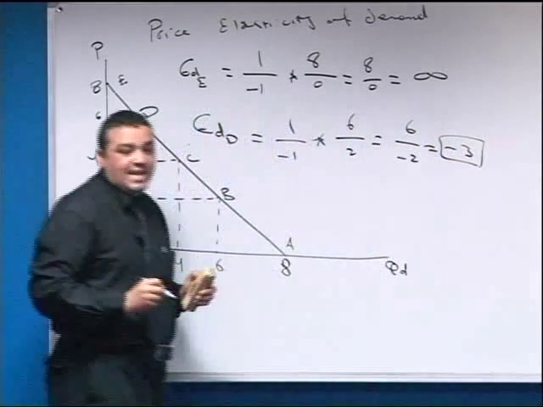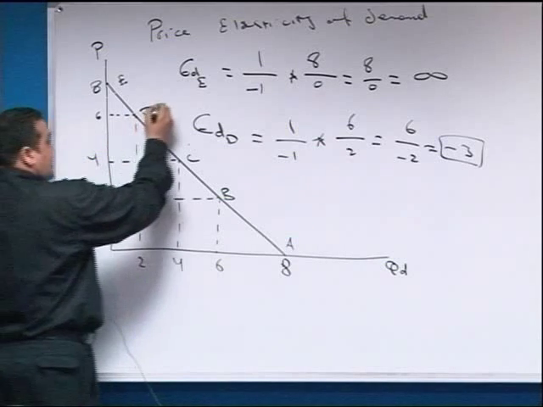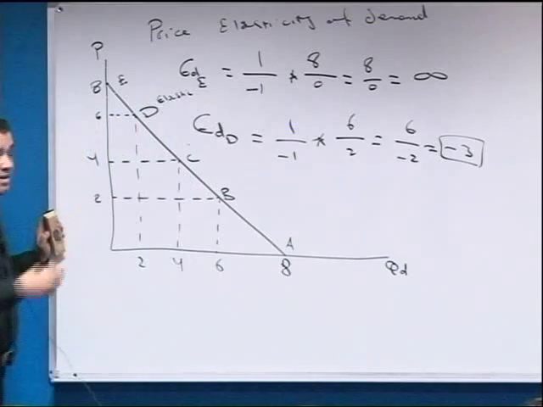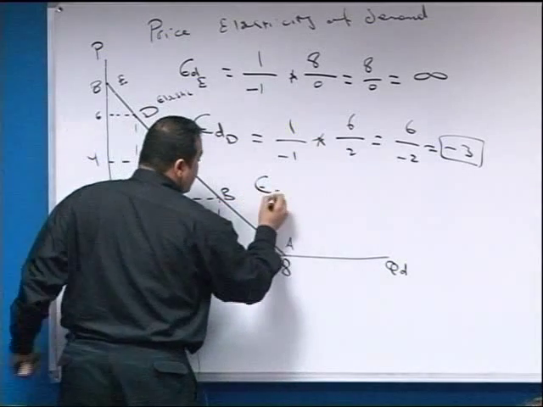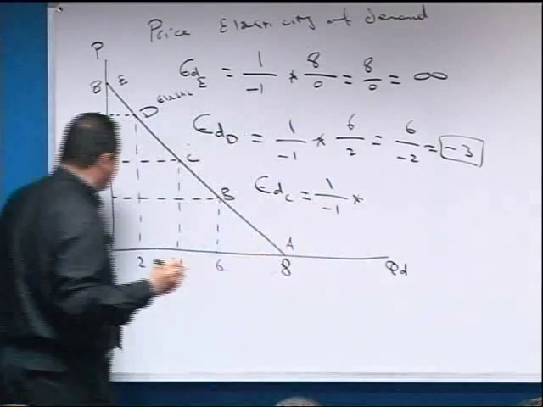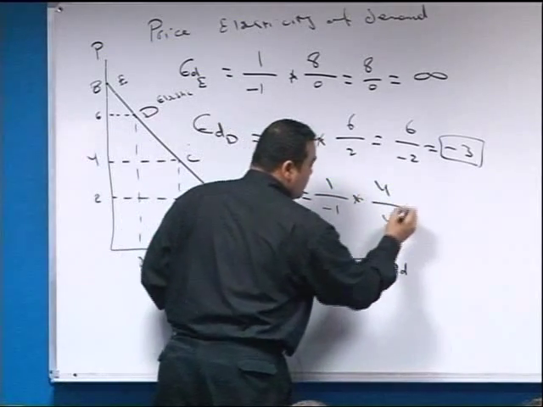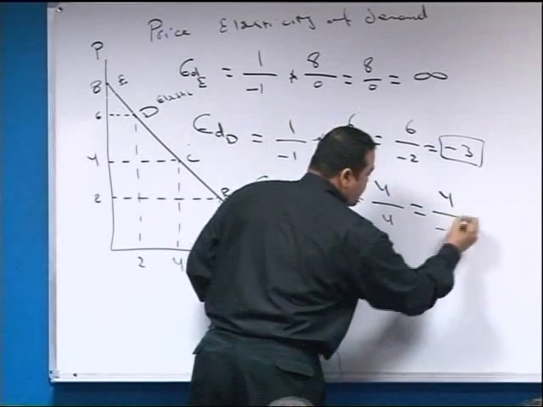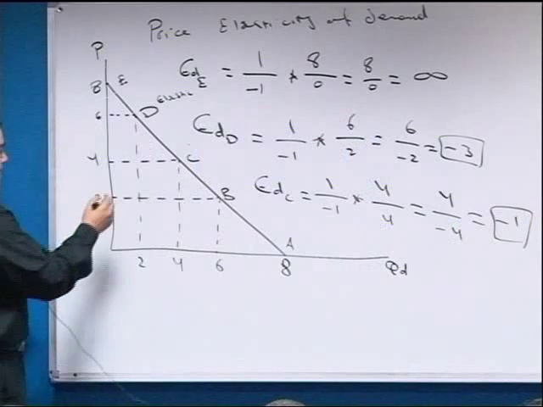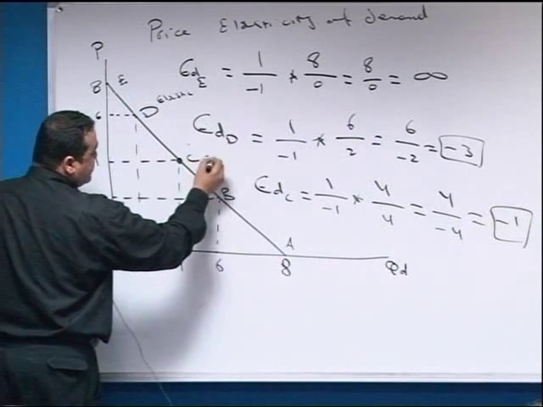The demand is elastic at point D. At point C, ED equals 1 over minus 1 times 4 over 4, which is 4 over minus 4, equals minus 1. It's unitary elastic. So at the midpoint of the demand curve, it would be unitary elastic.